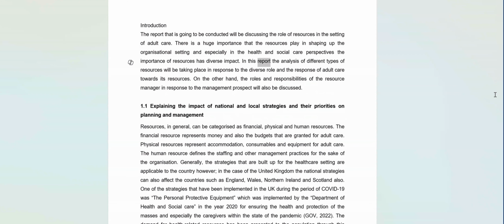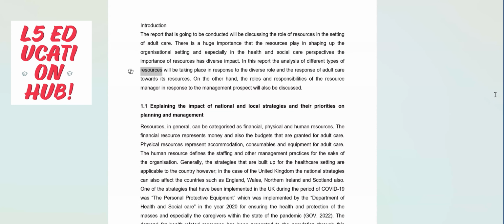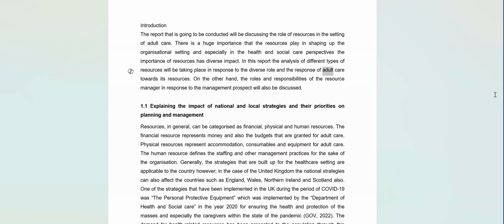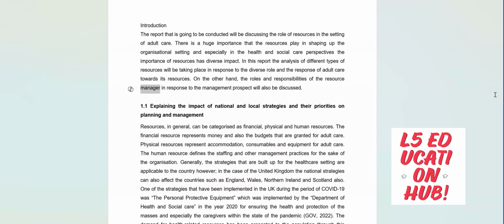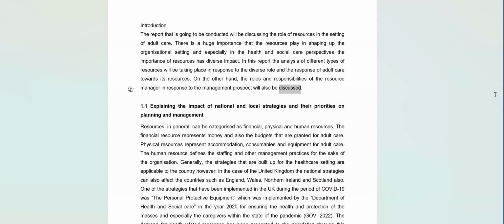In this report, the analysis of different types of resources will be taking place in response to the diverse role and the response of adult care towards its resources. On the other hand, the roles and responsibilities of the resource manager in response to the management prospect will also be discussed. 1.1 Explaining the impact of national and local strategies and their priorities on planning and management.